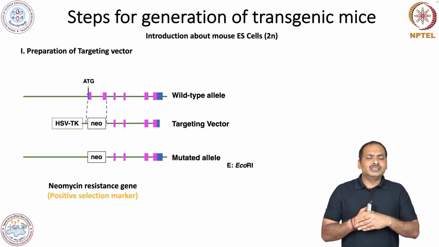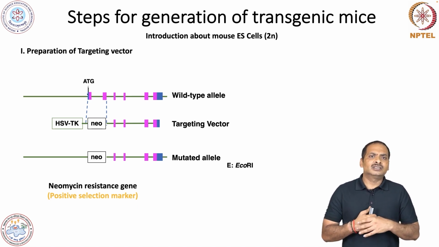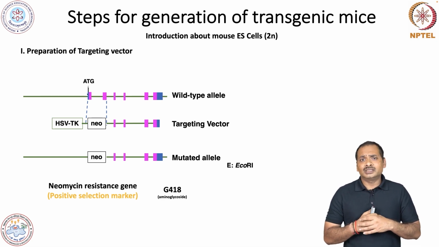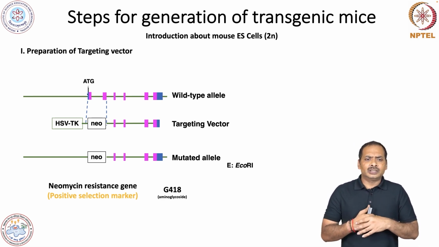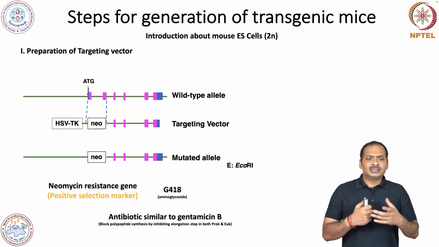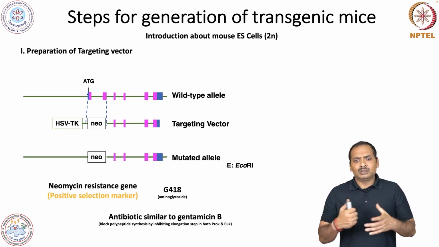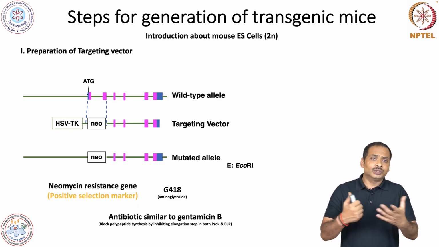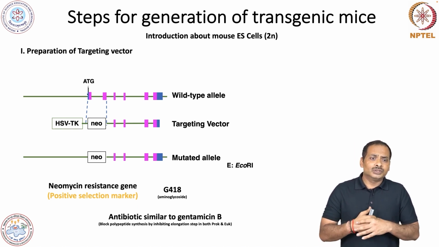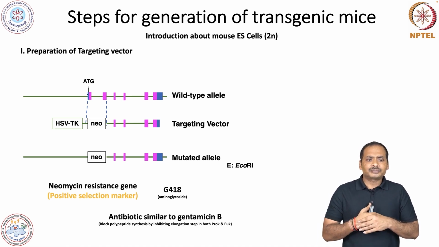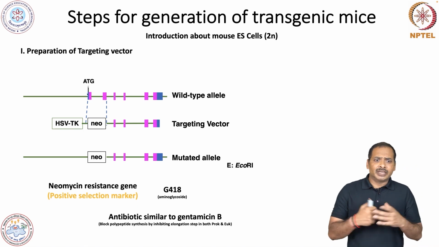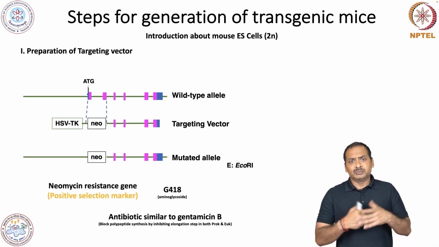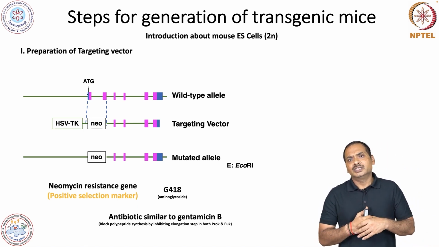This neomycin resistance needs a drug which we call G418. It's nothing special, it's a simple aminoglycoside, an antibiotic similar to gentamicin. If you are a researcher, you might have used gentamicin. It basically blocks polypeptide synthesis by inhibiting the elongation step in both prokaryotes as well as eukaryotes.